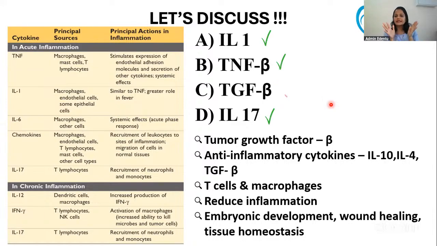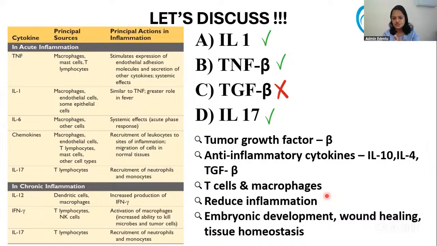There are mainly three components that act as anti-inflammatory cytokines: IL-10, IL-4, and TGF beta. These actually suppress inflammation; they do not promote it. TGF beta is also released by T cells and macrophages.